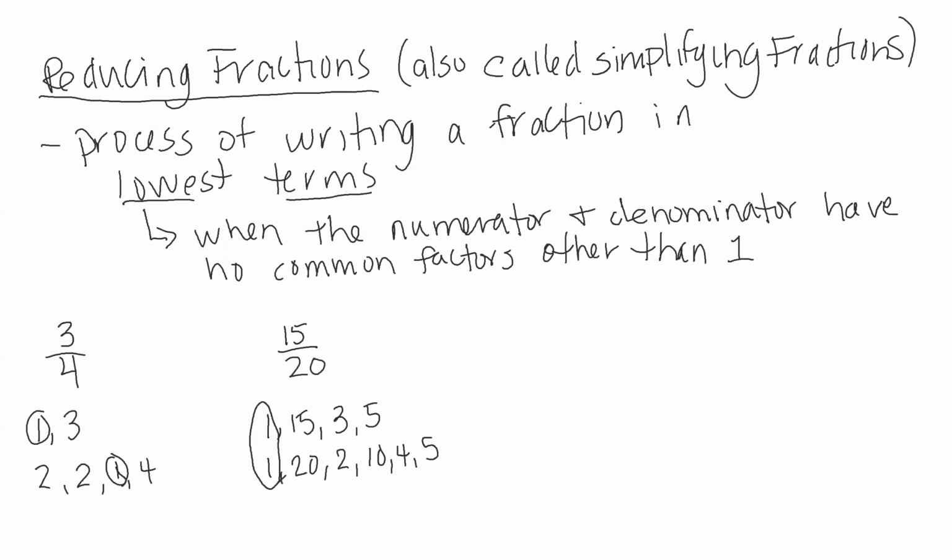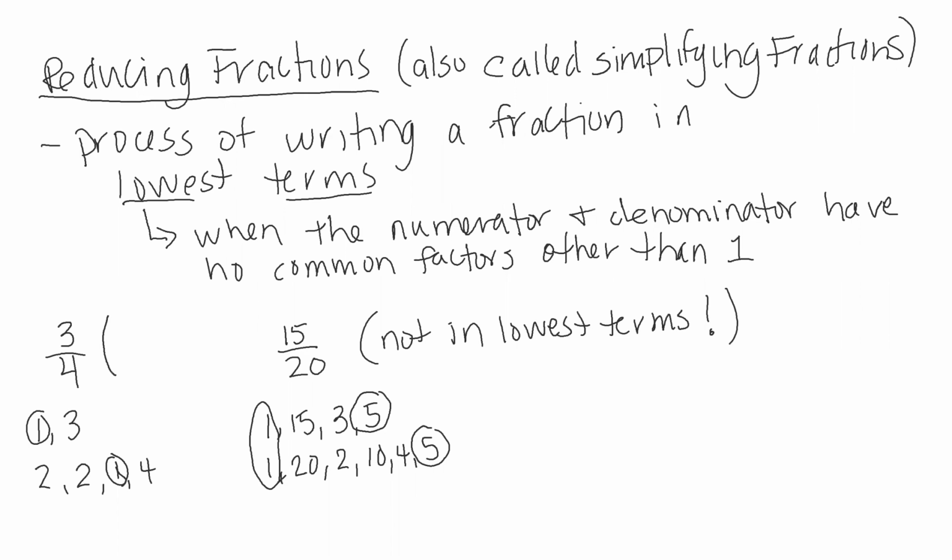Hopefully you notice that these two lists also have a 5 in common. So this fraction, 15/20, is not in lowest terms. There is a common factor other than 1. So not in lowest terms. And then this one, I'm going to try to write it nice and small. This one is in lowest terms.